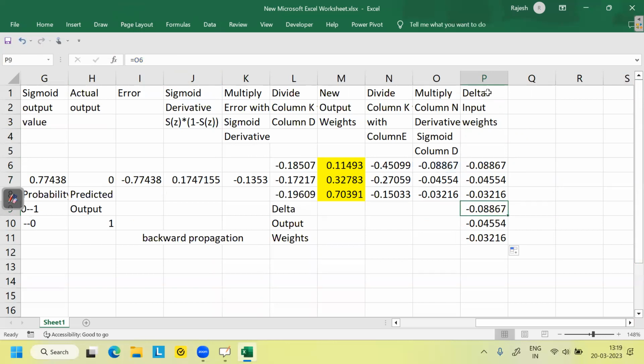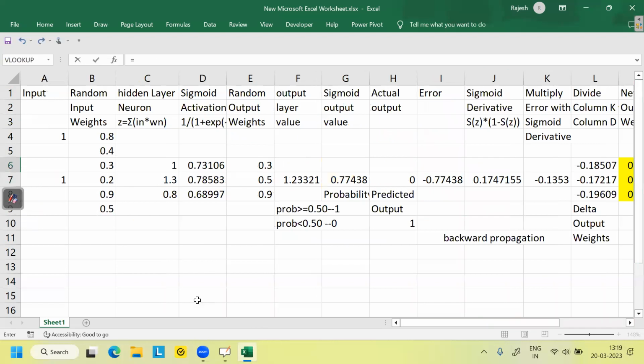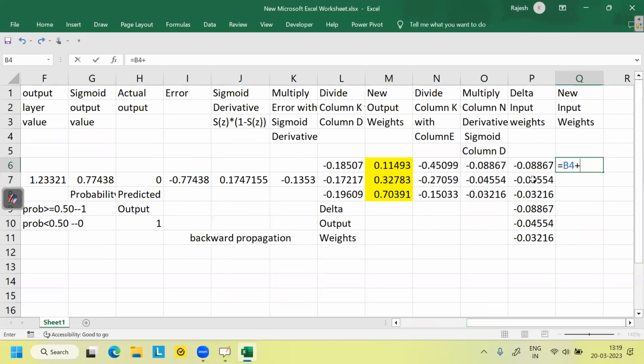Because we have to connect all the formulas so that we can use it again for the next iteration. New input weights is equal to actual input weights plus this. So drag it down.